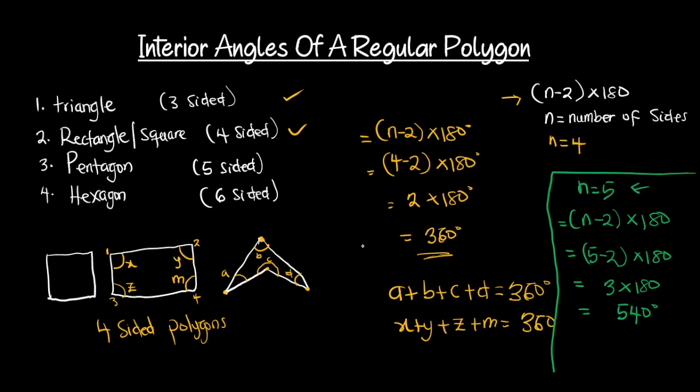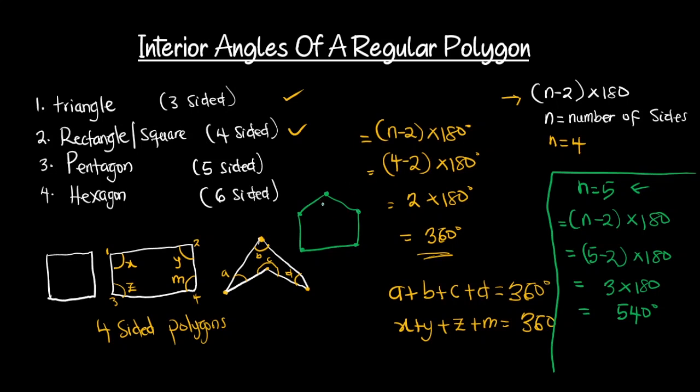In that case, what it means is that, let's say I have a shape that looks like this as my polygon. Okay, this is a 5-sided, so we have 1, 2, 3, 4, 5. Okay, 5 vertices.